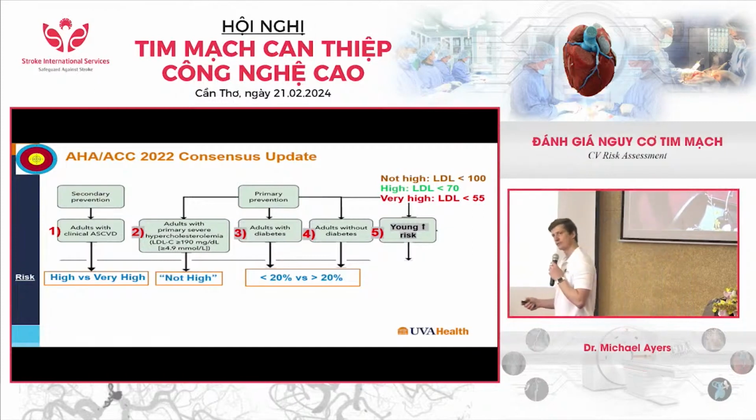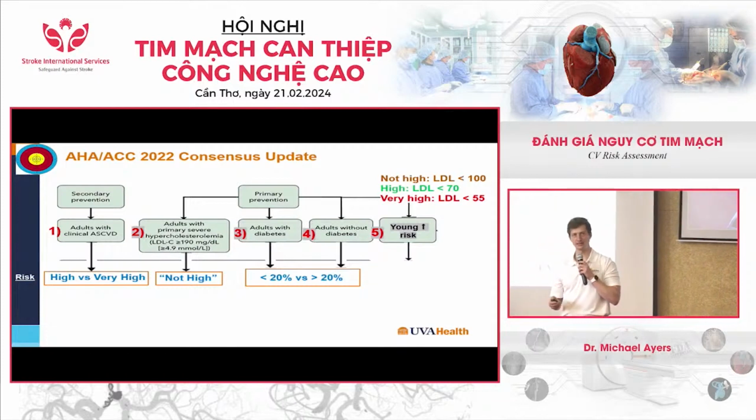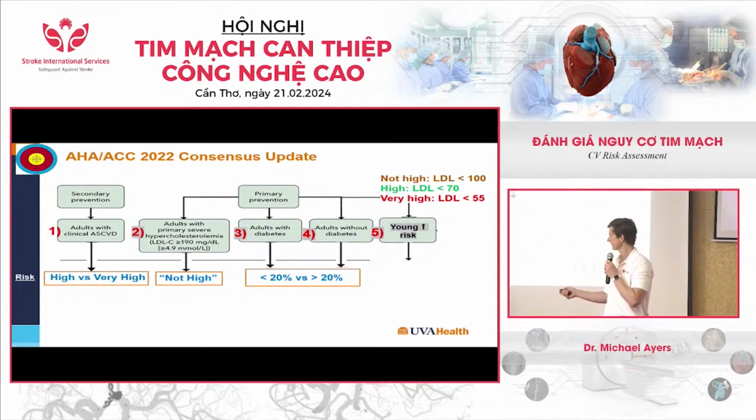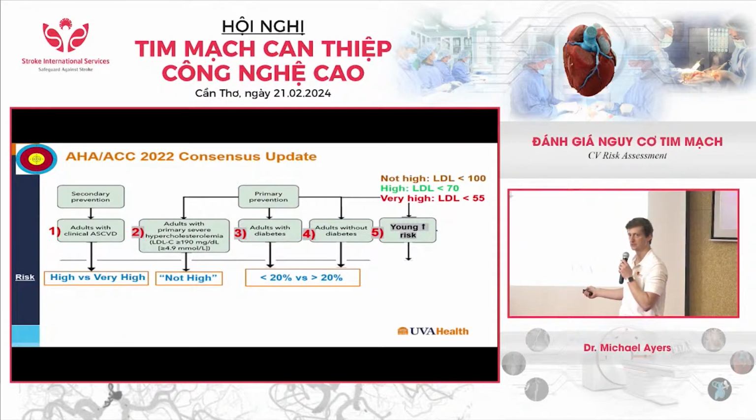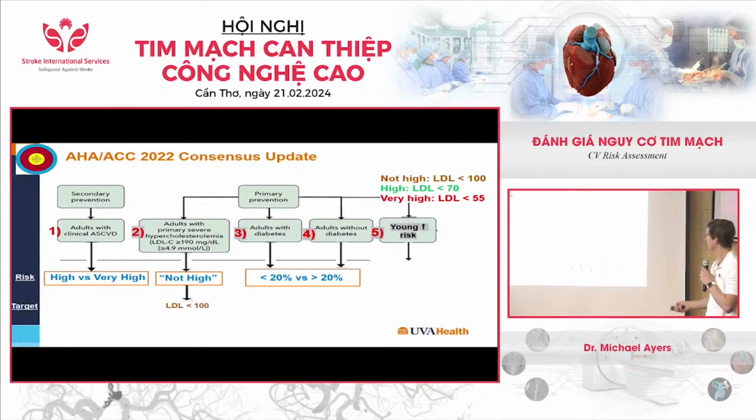The guidelines, sort of perplexingly to me, it's confusing, but the guidelines suggest that if you have someone who's never had an event, but their LDL fits this higher than 190 mark, call them not high. I don't agree with that assessment, but that is what the current consensus update suggests.